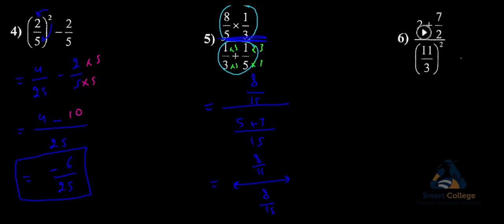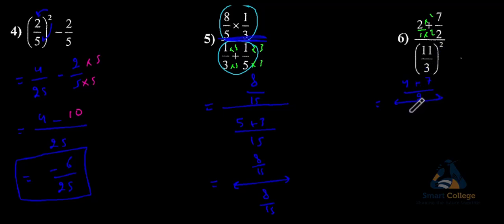For the common denominator, multiply the first one by 2 to get 2 as a denominator. So we'll get 2 times 2 is 4, plus 7 all over 2. We're adding two fractions. Now down there we have to distribute the exponent 2 to 11 and 3.